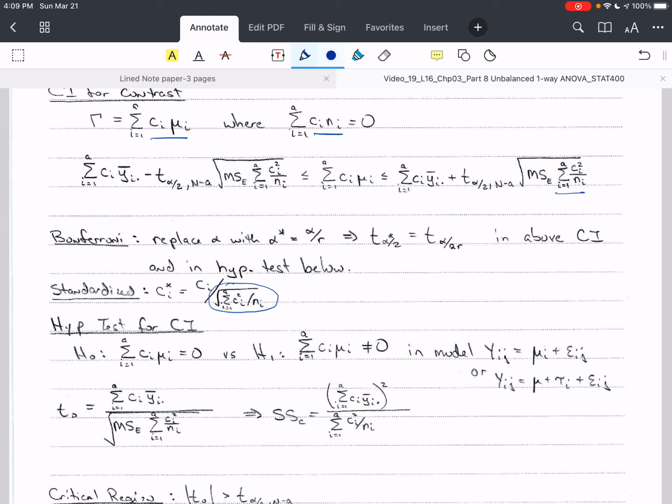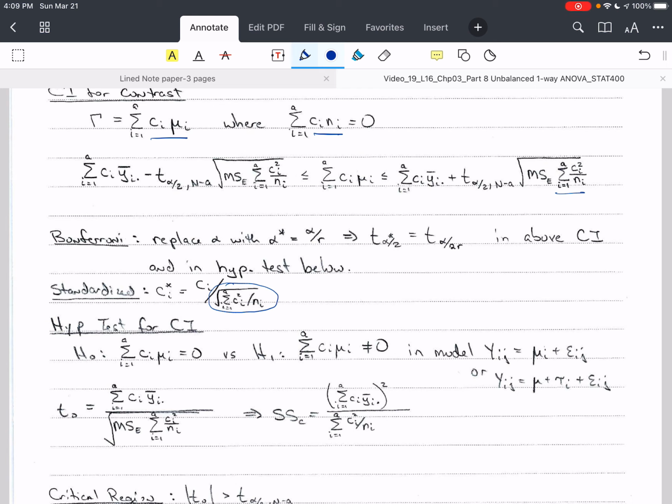So we've divided by the standard deviation. So this means that all of the contrasts will be on the same scale. This is useful when you have different units for the different treatments, or you just want to use a standardized unit, so you'll have something that has a mean close to 0 and a standard deviation of 1, right?